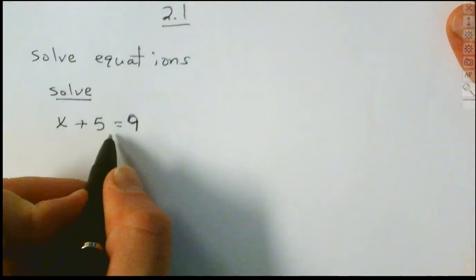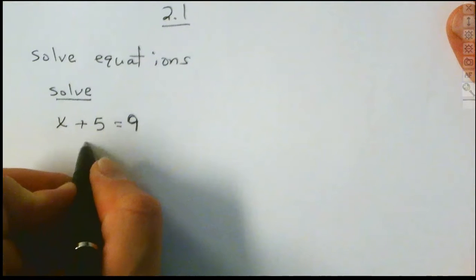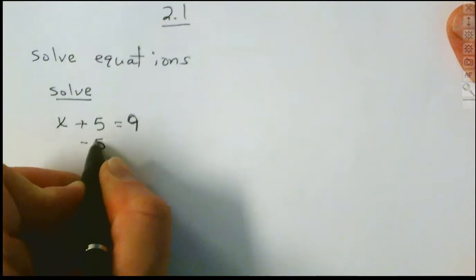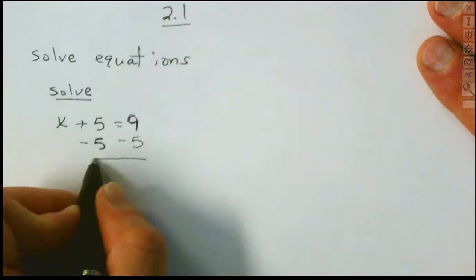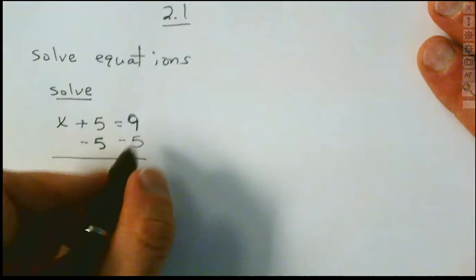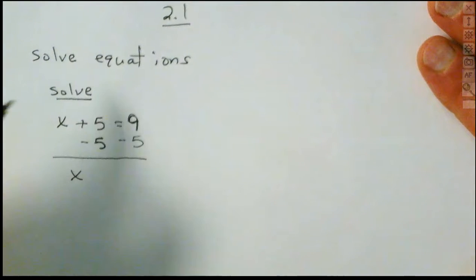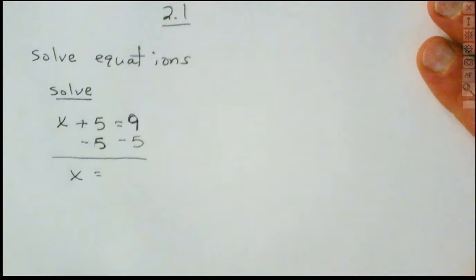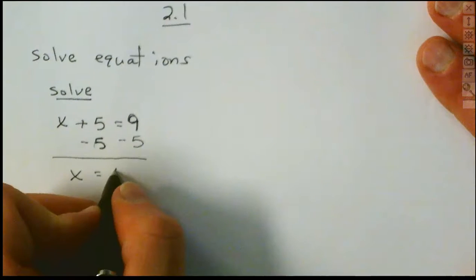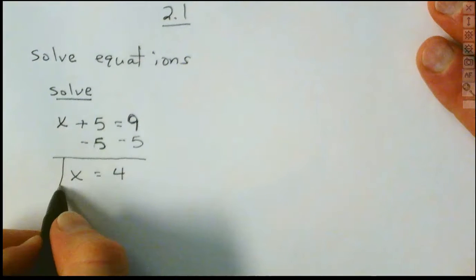And whenever they cross the equal sign, we use the opposite. So it's right now a positive 5, so we'll move it over with a negative 5. And then we just add them together here. On the left-hand side, the 5's cancel. On the right-hand side, we have 9 minus 5, which makes it a 4.